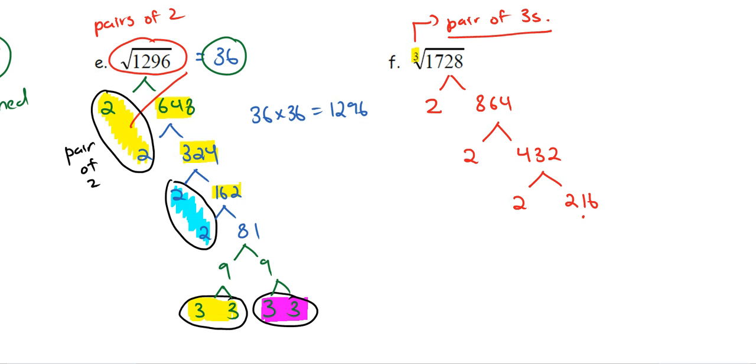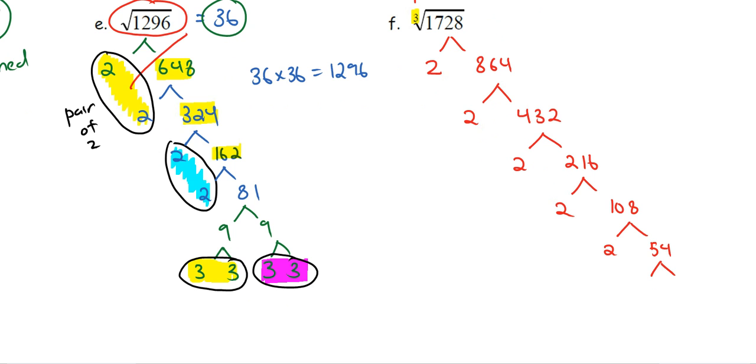Then I'm going to break down my 216 to be 2, and that's going to be 108. 108 I can break down as well. That's going to be 2 and 54. And finally 54, that's going to be a number that I can do in my head. That's going to be 6 and 9. This will be 3 and 2. And this will be 3 and 3.